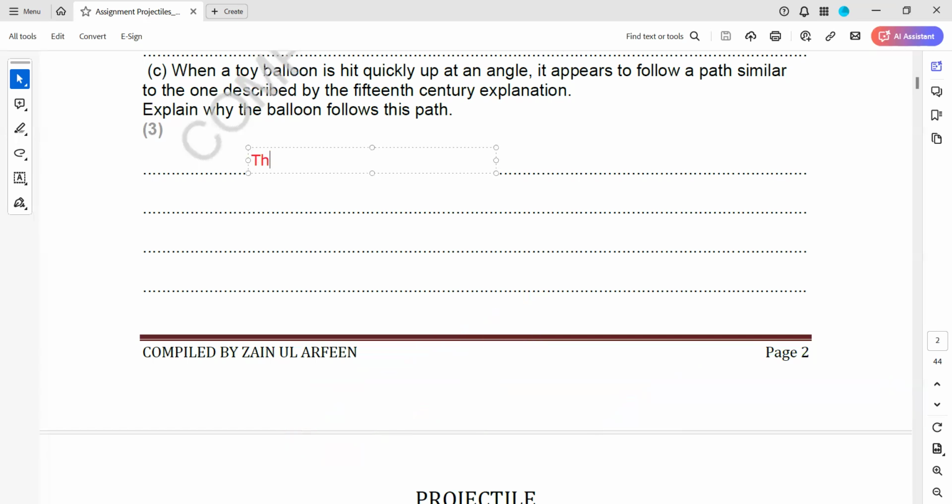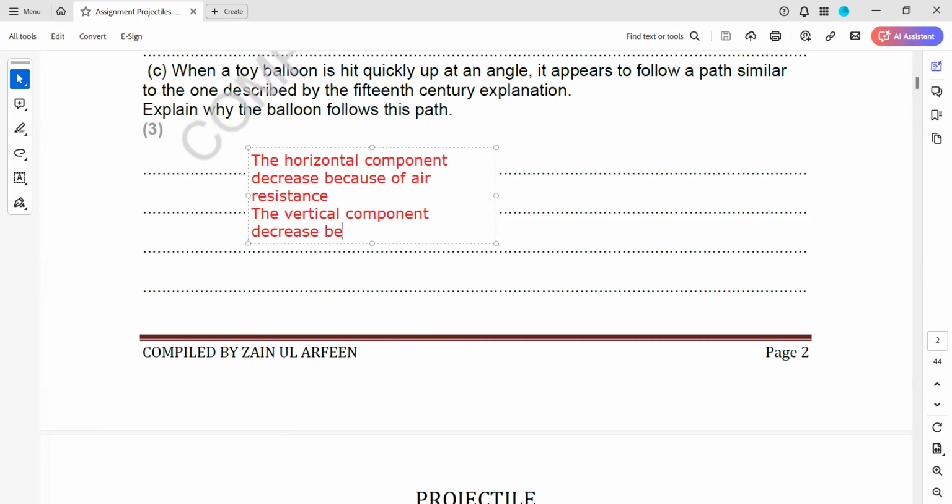So the horizontal component decreases because of air resistance at certain heights, and the vertical component is already decreasing because of gravity.